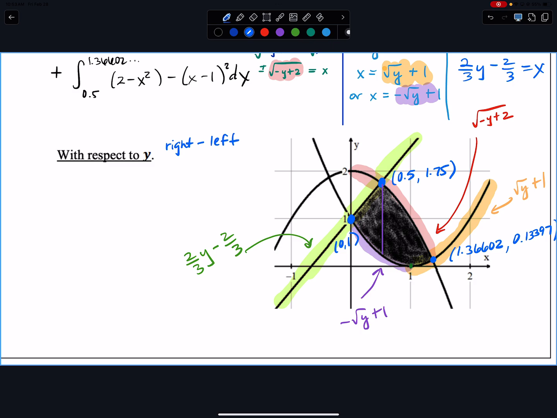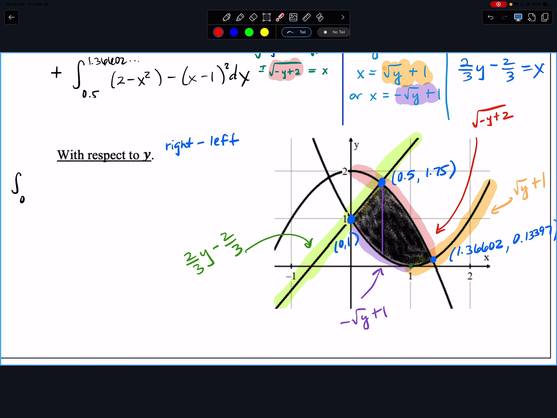You guys with me? But the bounds go from what? Bottom to top? Because you're doing the y's. Okay, so where does this integral start on the y-axis? What's the lowest number on the y-axis this area touches? 0, okay? So this is going to be right minus left, 0 to 2.